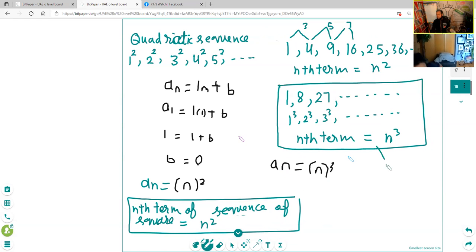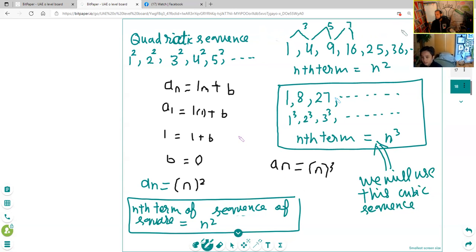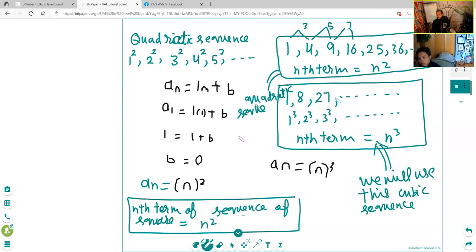We will use this square number in quadratic sequence.